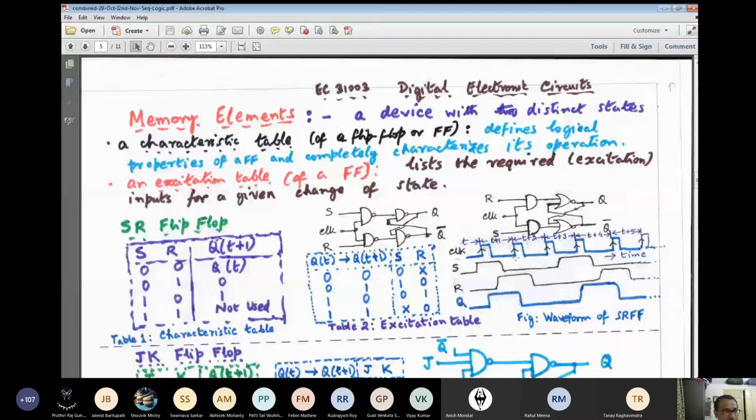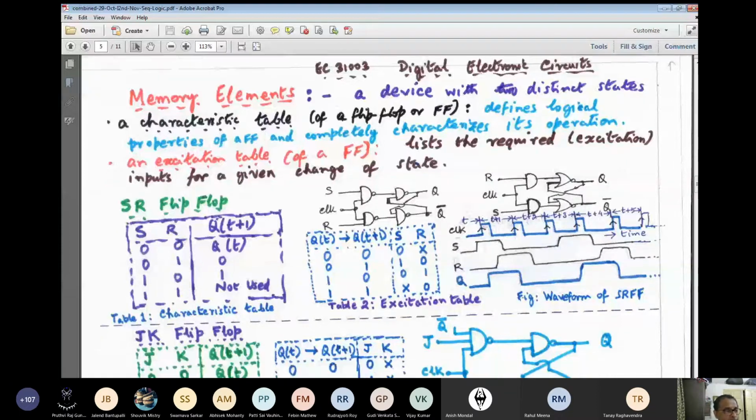Let me first read out the characteristic table, that means the function table. If the set input S is 0 and R input is 0, then Q of T plus 1 is the same as Q of T. That means the state is preserved, the state is held. The present state is the same as the next state. On the other hand, if S is 0 and R is 1, then the next state will be Q equal to 0.